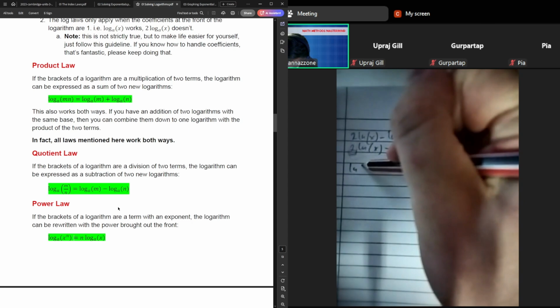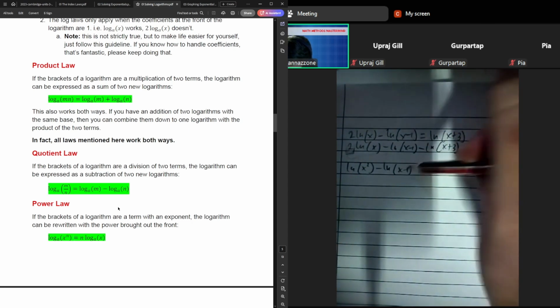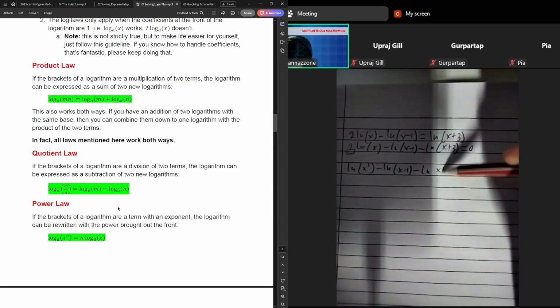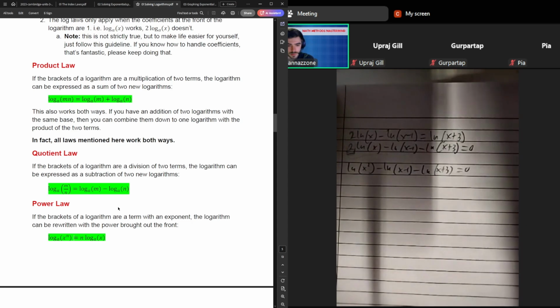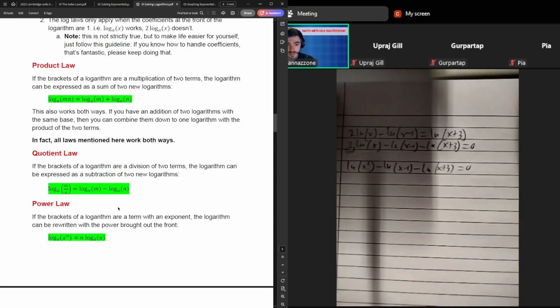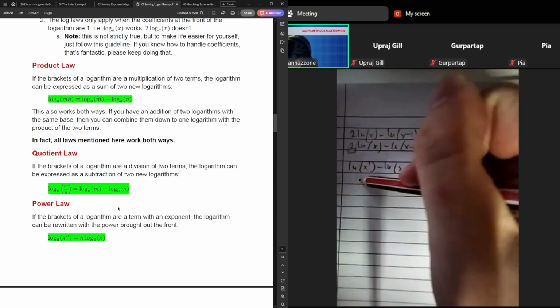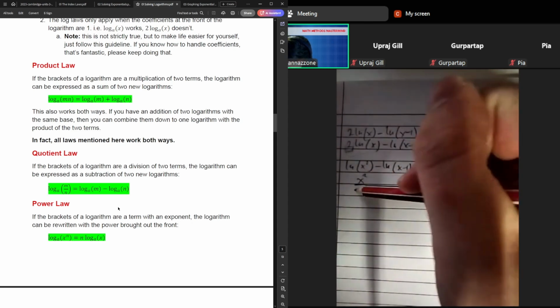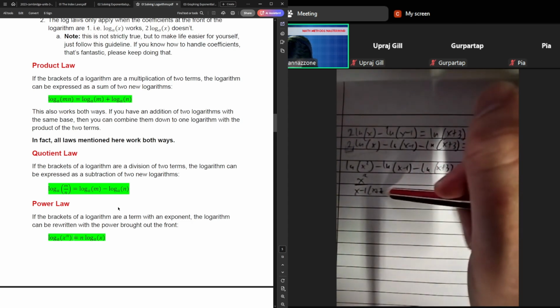So you're going to have natural log of x squared minus natural log of x minus 1 minus natural log of x plus 3. We're about to hit time here, so I'll just speed through the rest of it. But yes, the next step from here would then be doing your divisions. So x squared divided by x minus 1, and then again divide by a further x plus 3.